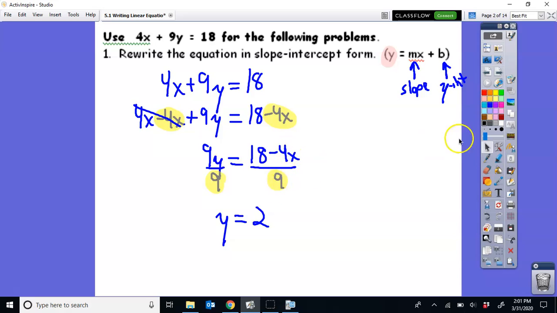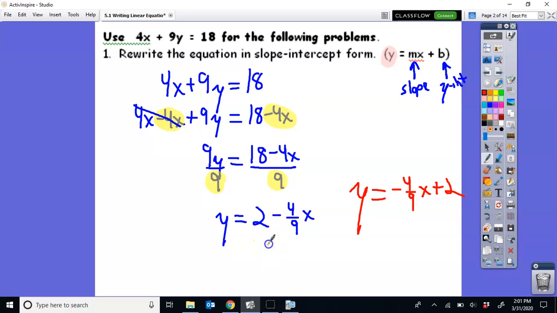Negative 4 divided by 9 is negative 4 ninths. Remember, the reason I'm leaving that as a fraction is because that is my slope. Now, some of you may look at that and think, no, it's not. But remember, this is not technically in slope-intercept form yet until I switch it around to be negative 4 ninths x plus 2.